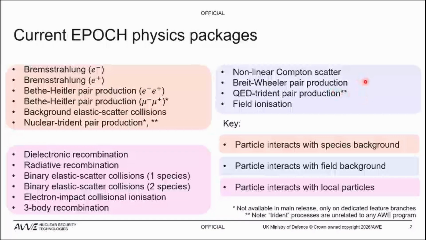Sometimes it can interact with the background fields. So field ionization, you have ions ionize in the presence of a strong field, but with no other particles needed to do this. And then you have your more complicated processes where you have a background species and an incident species, and both interact with each other to change them both. So you can think about this in terms of collisions. Two particles come together, both of them are affected.